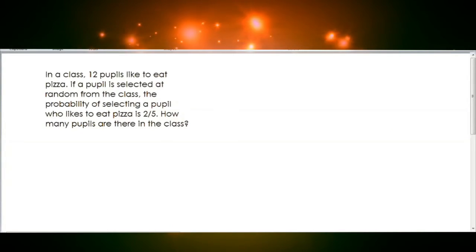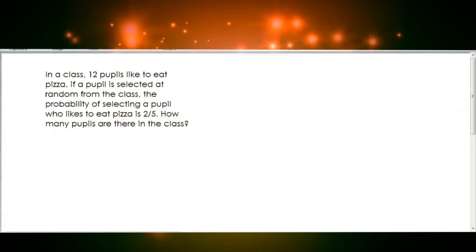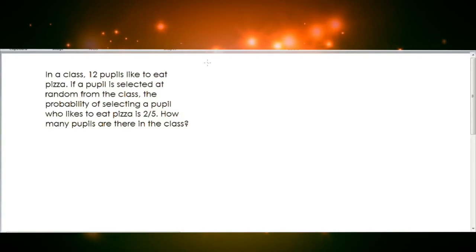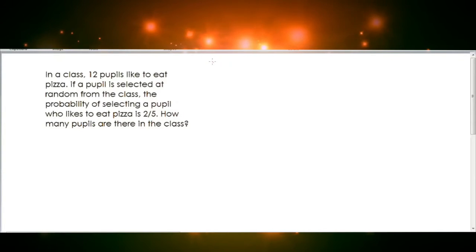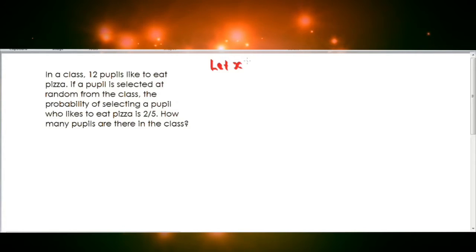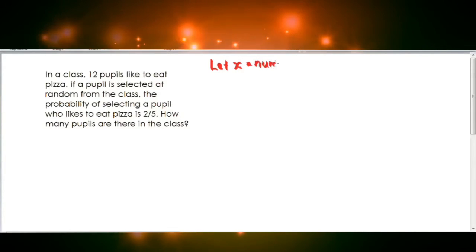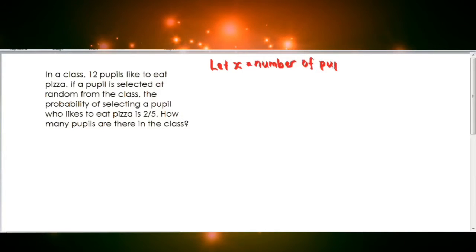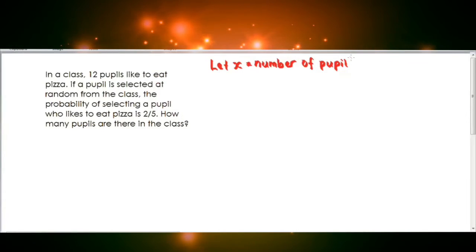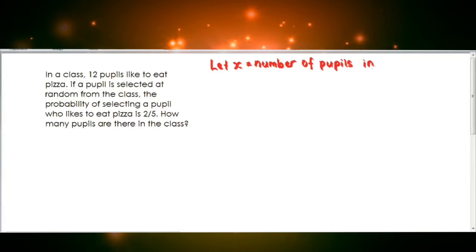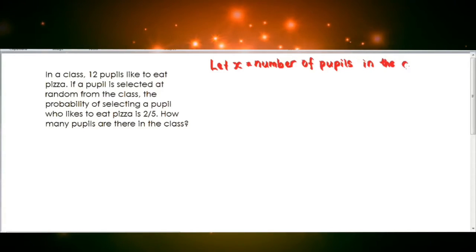For this question, as usual, let X be the number of pupils, because we don't know how many people are in the class. So we just use X as the number of people in the class.